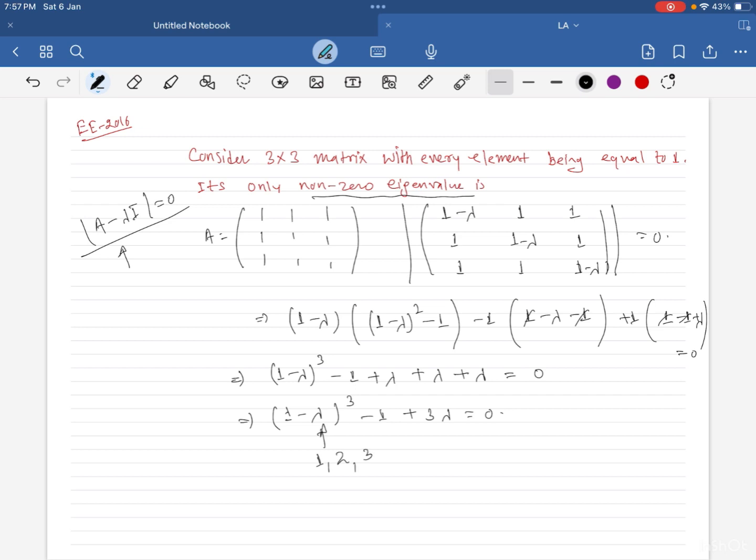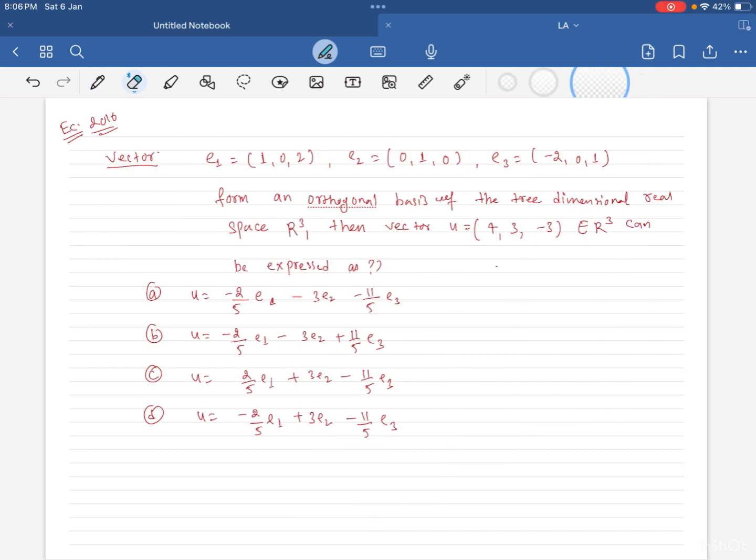We can try with 3, so 3 minus 1 is 2, cubed is 8, minus 8 minus 1 and plus 3 into 3, that is 9, so 8 minus 1... that will be equal to 0. So lambda equal to 3 is the only non-zero eigenvalue, the others will be 0. So the correct answer for this is 3.